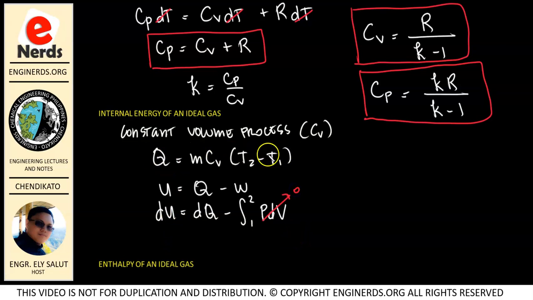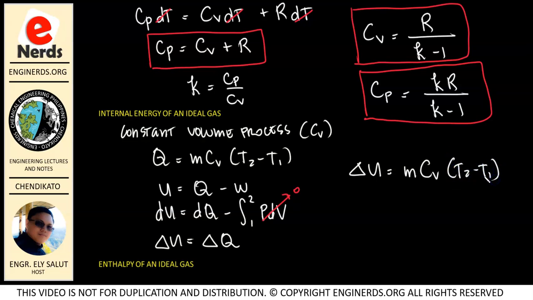Therefore, at constant volume process, our delta U is equal to delta Q. So delta U is also equal to mCv (T2 minus T1). That is what we used earlier above. This is applicable at constant volume process.